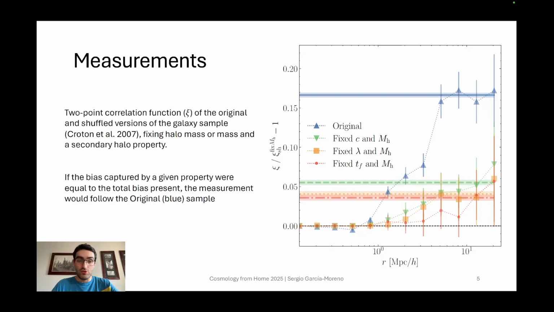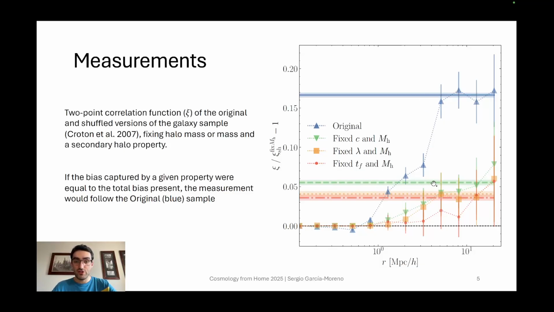Then, if we want to measure the galaxy assembly bias captured by a given property, we must repeat the shuffling process, fixing not only halo mass, but halo mass and a secondary halo property. For example, concentration, spin, and formation time.